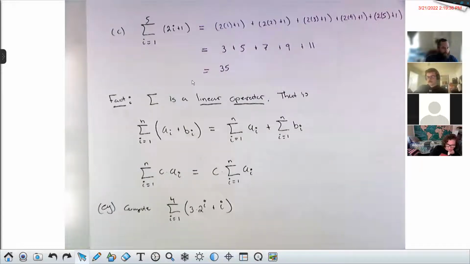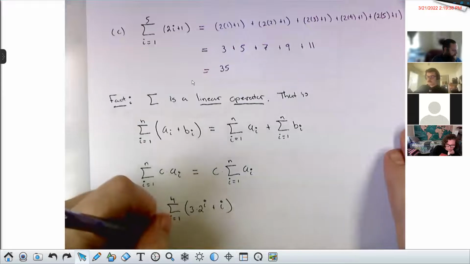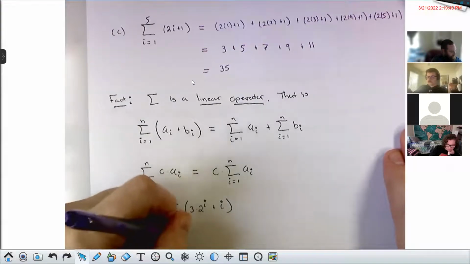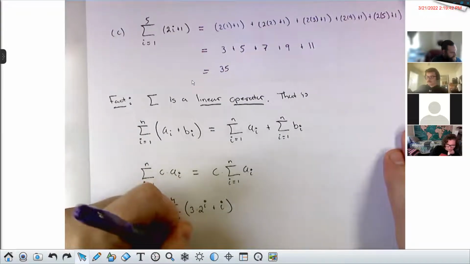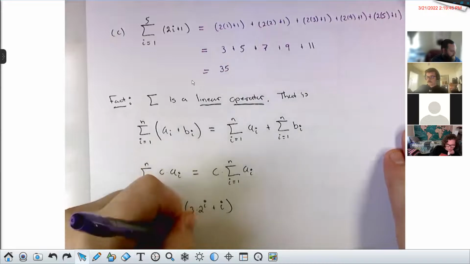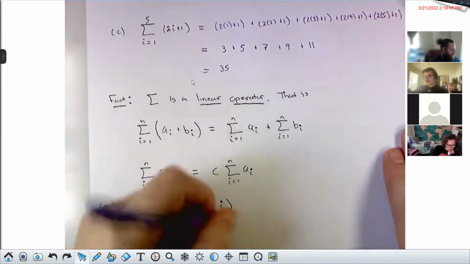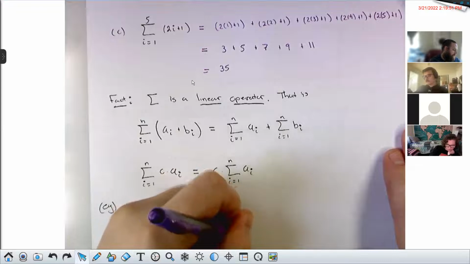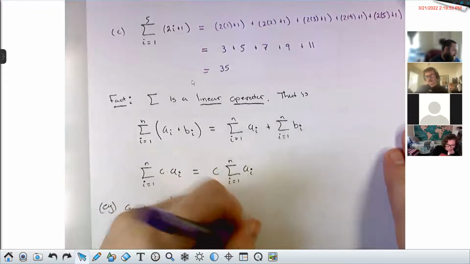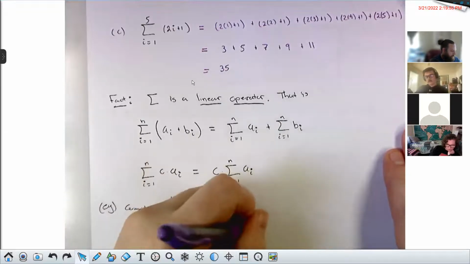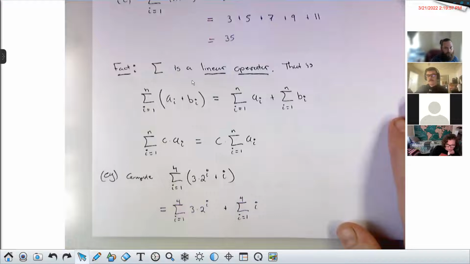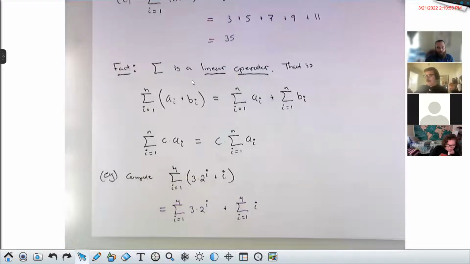What the rule above tells us is that I can first write this as sigma i from 1 to 4 of 3 times 2 to the i plus sigma i from 1 to 4 of i itself. That's using the addition rule.